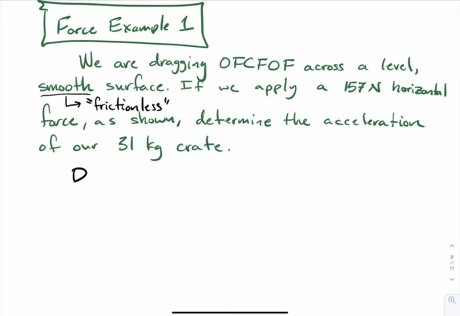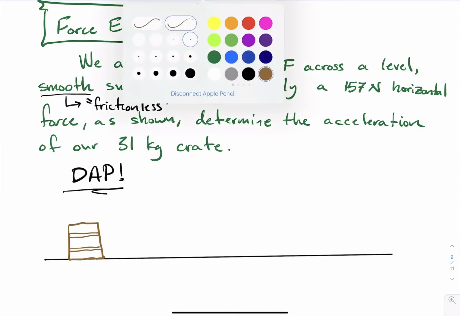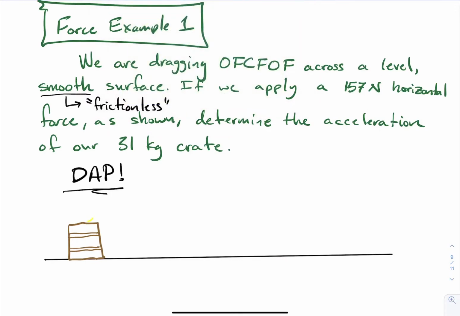So whenever a problem says as shown like that, you're going to have been given or supplied some sort of drawing already. Or in my example problems, I often do that because I get to draw your picture for you. So here's our crate. And we could throw a couple pieces of fruit in there just for funsies.